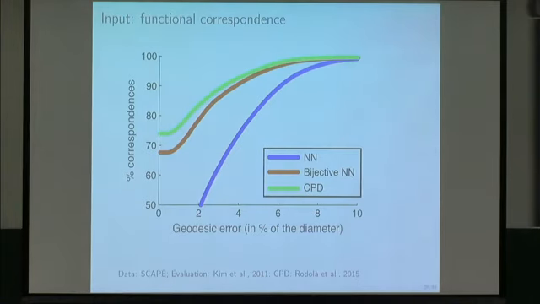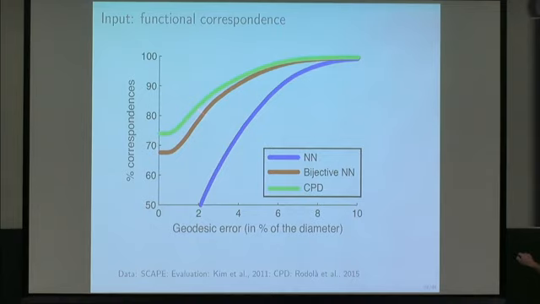If I now quantify on this trade-off curve the percentage of correctly found correspondence versus the tolerance radius, these are the results on the same SCAPE data, scanned human shapes.